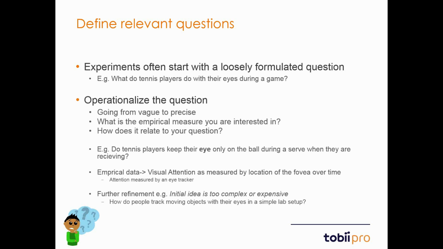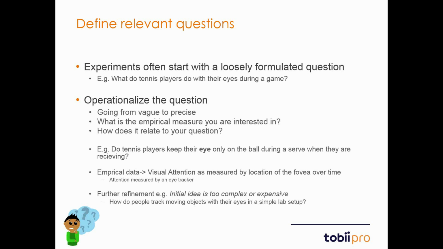So the general process here, you start out with a vague question that is pointing you in the right direction but doesn't say exactly what you'd like to know. And so this process is called, I always screw up this word, operationalizing the question that you have. And so this is the process of going from vague to precise.